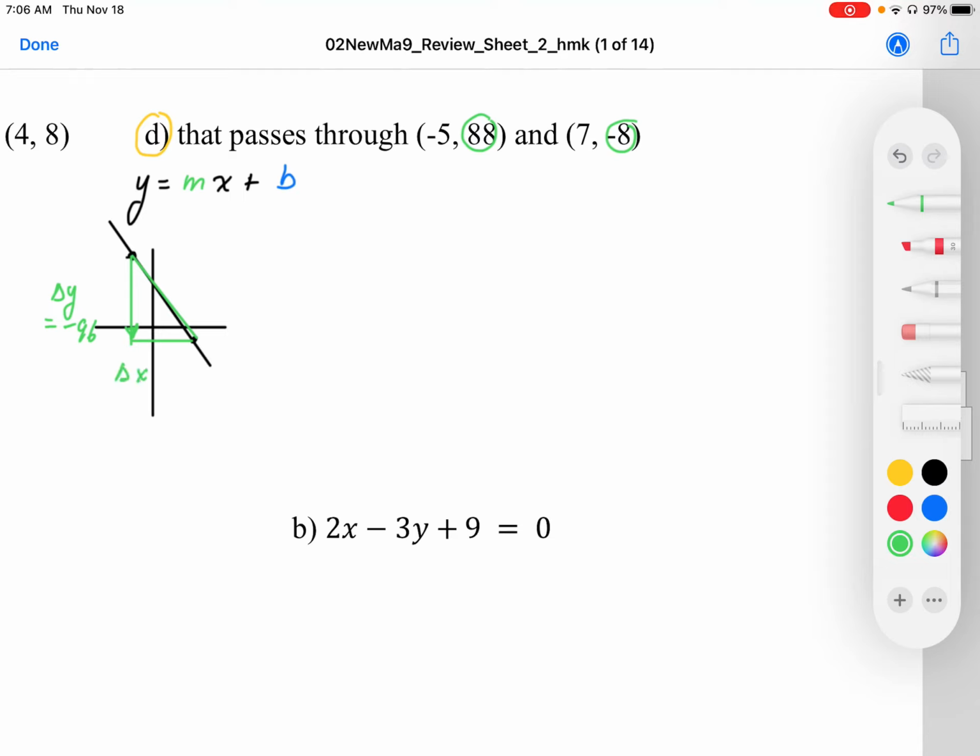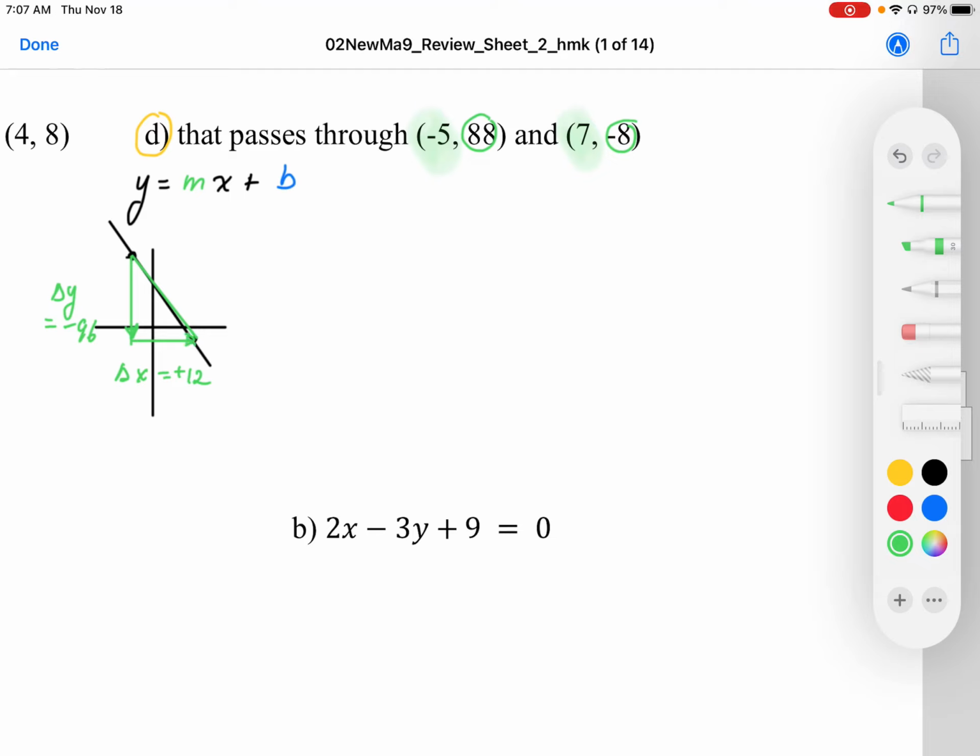Then I need to figure out the change in x. The change in x is going to be based on these 2 points. Since I started with negative 8 to find the difference in y, I need to start with a 7. Now I'm going to do 7 minus negative 5, and that's going to give me positive 12 as my run.